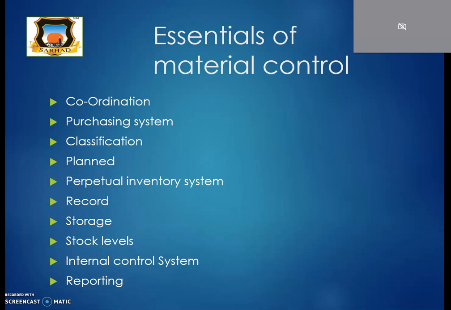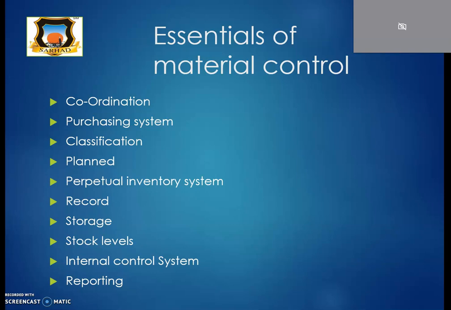Then there should be a central purchasing department, meaning a proper purchasing system. There are two types of purchase system, centralized and decentralized. In material control, a centralized purchasing department under the control of a competent, expert purchase manager is appointed for the purchase of commodities.